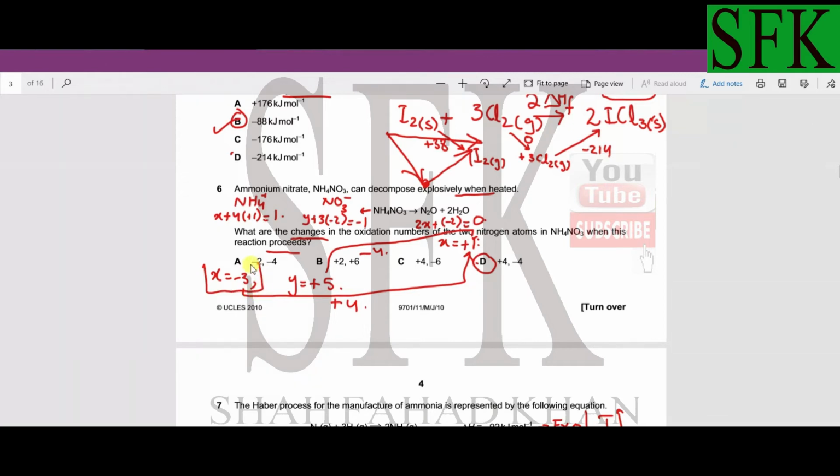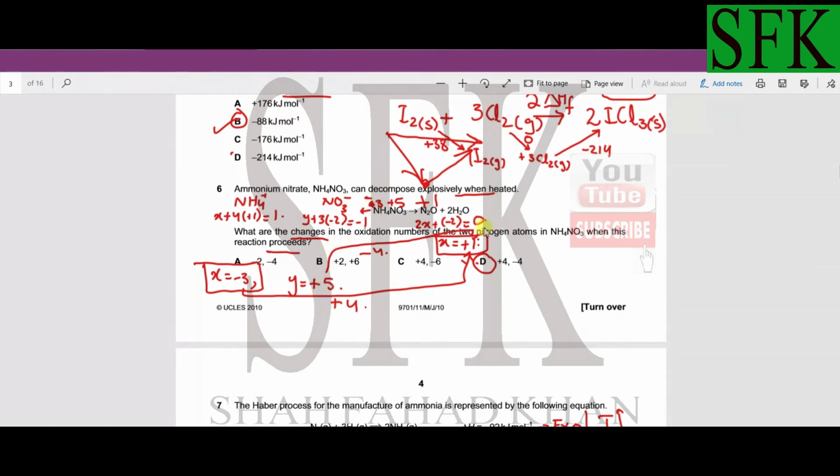The oxidation state of nitrogen is -3 in the ammonium ion, and +5 in the nitrate ion. And what about N2O? In N2O, the oxidation state turns out to be +1. So what's the difference between +1 and -3, and +1 and +5?